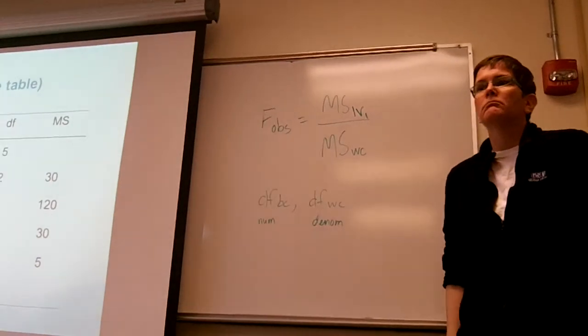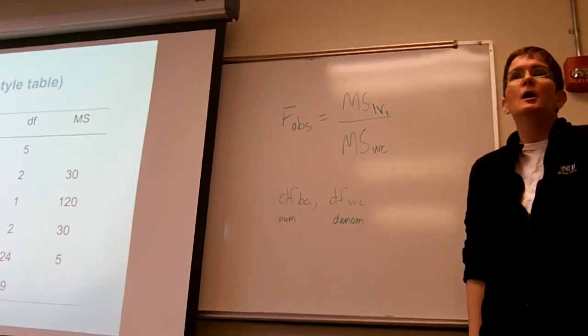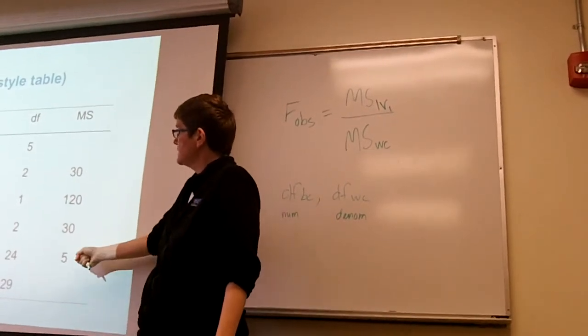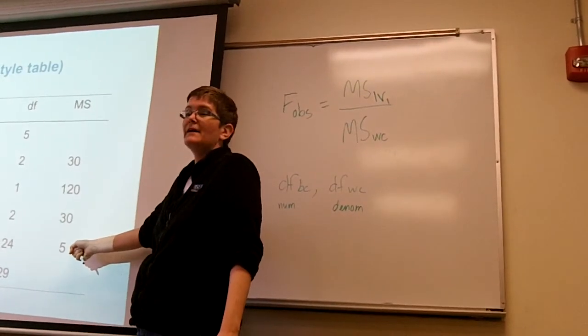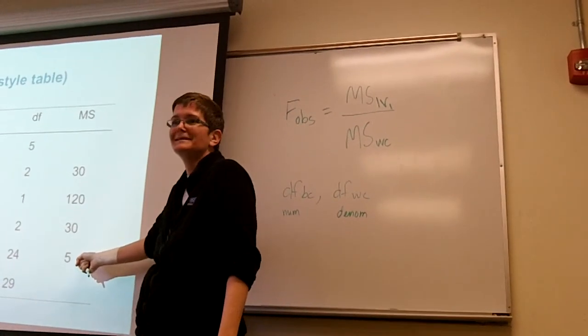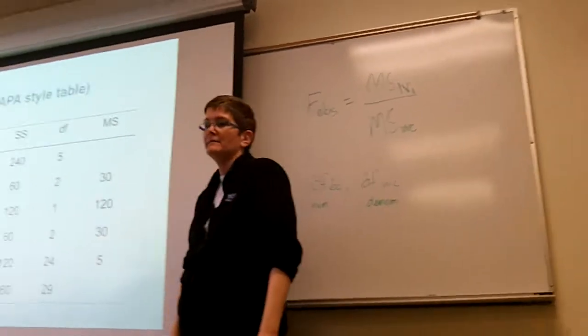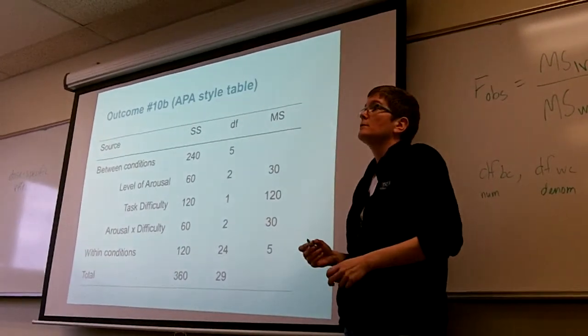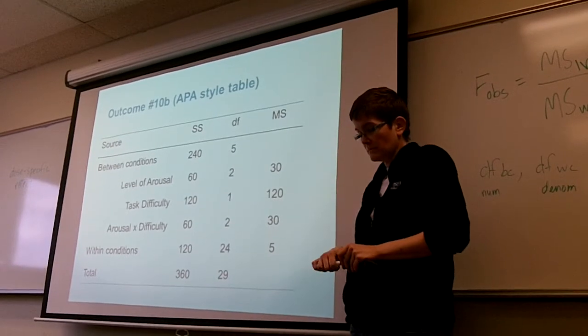That's all. So it would be 30 over 5. F observed for the main effect of level of arousal is 6.